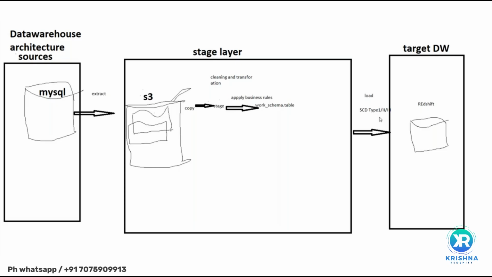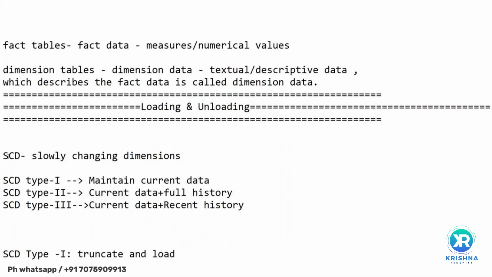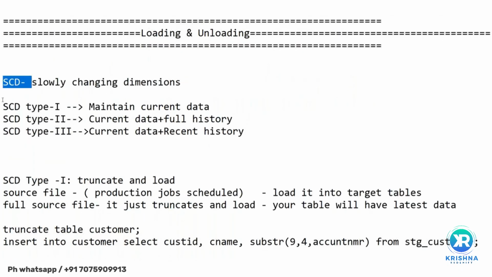So slowly changing dimensions can be implemented in 3 ways while loading into the data warehouse. They are called SCD type 1, type 2, type 3. He will ask, do you know? I mean, he won't say slowly changing dimensions. He will say, do you know what is SCD? Yes, slowly changing dimensions. What are the different types of slowly changing dimensions?